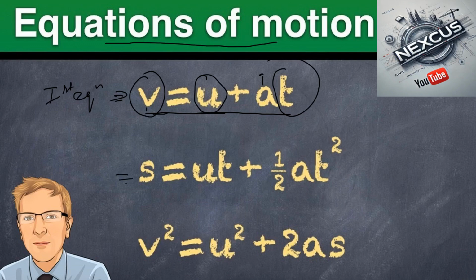The second equation of motion states that s is equal to ut plus half at square, where s is the distance. The last one is the third equation of motion, which states that v square is equal to u square plus twice of as. So how they come out, let's move and see it.